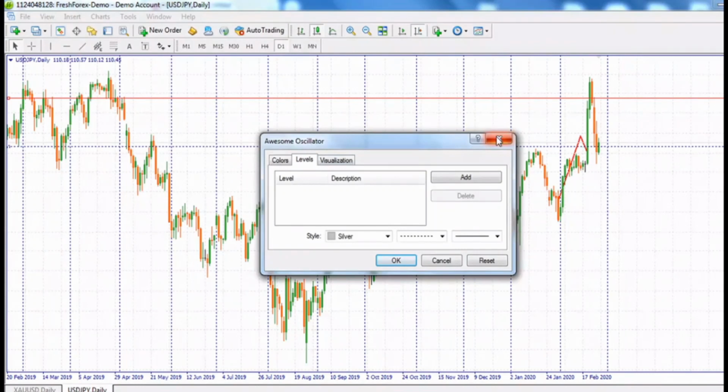Envelopes, we have period. And then we have the apply to which price, by closing price, opening price, or median price. So that's basically what period stands for. If you're using a moving average, this period stands for the average for the past X number of candles.